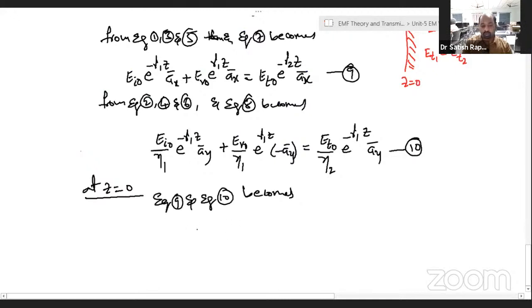Therefore from equation 9, Ei naught plus Er naught is equal to Et naught.